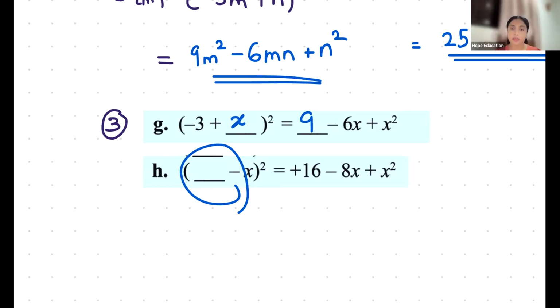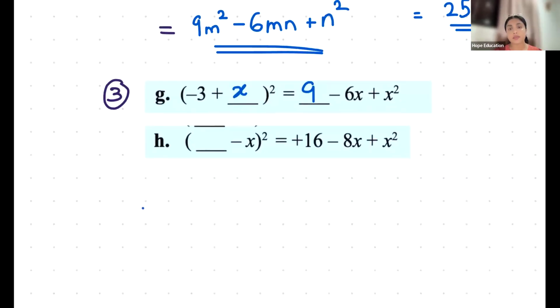Minus 4. Okay. Any other answers? 4. Okay, so I'm getting both 4 and minus 4 as my answers. We'll put both and see.